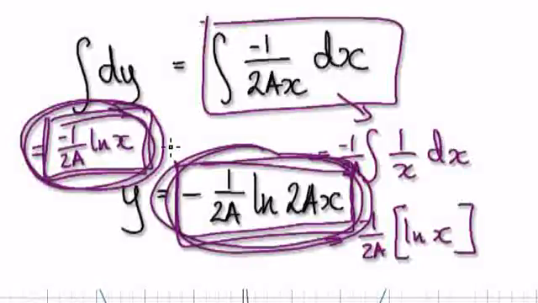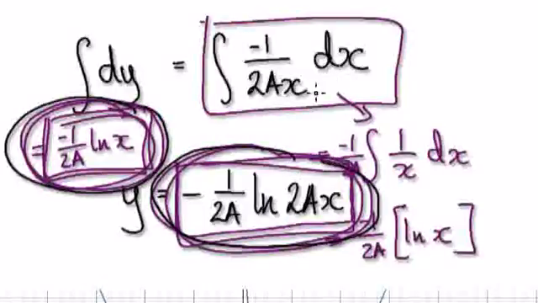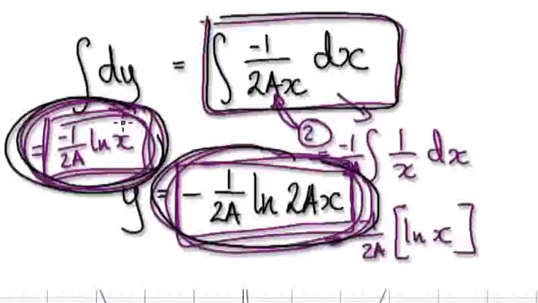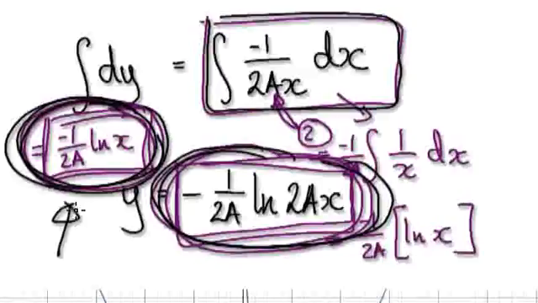If you get a graph plotter and plot this and plot this, keep things simple and choose something simple, like a 2, and put the 2 in the capital A here. The point I'm trying to make is that there are two ways of finding the antiderivative of this. One way will give you this, the other way will give you this. But these two are exactly the same. They only differ by a constant.